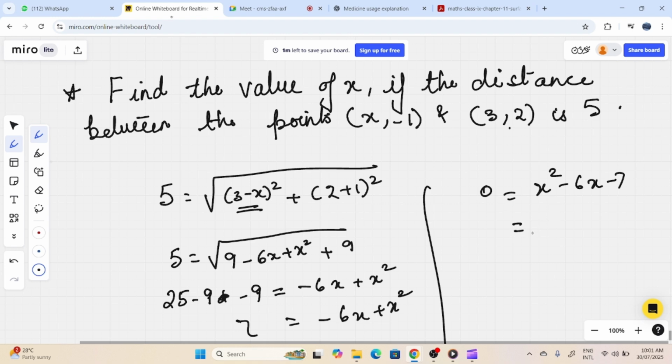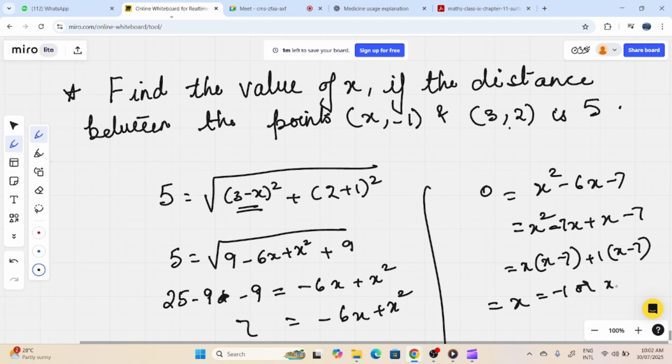What is it? Middle term splitting. X square, we need 6x, 7 and 6. So minus 7x plus x minus 7. Your x is common, x minus 7 plus 1 is common, x minus 7. x is equal to negative 1 or x is equal to 7.